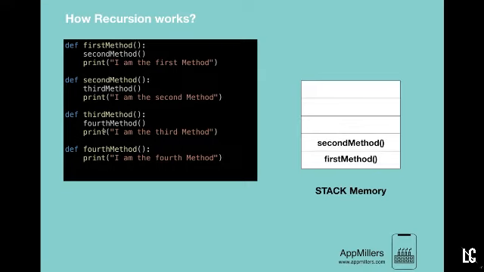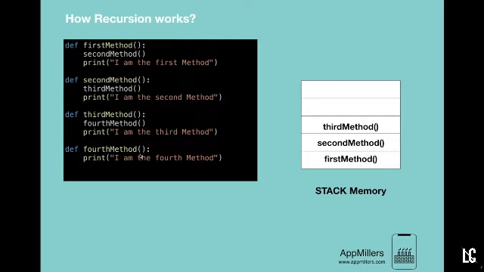And this is applicable for the third method, because it also calls another method before executing the rest of the code. So it will be pushed to stack as well. The last method is the fourth method, which is executing one line of code without calling any function, which means that the system does not need to store it somewhere for calling back. So it will not be inserted in stack memory.